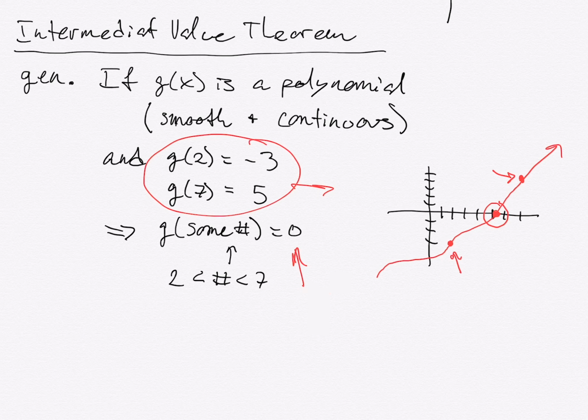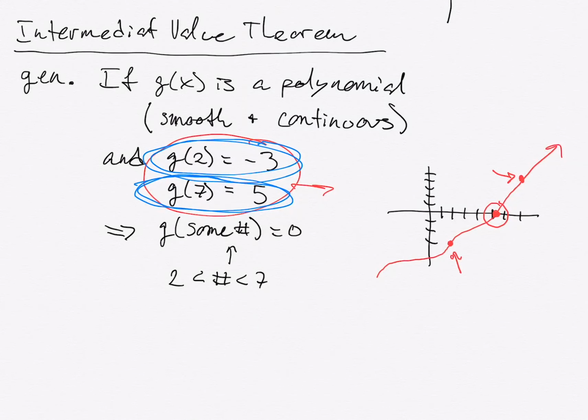If we're starting out at a point that's below the x-axis and we're progressing to a point that's above the x-axis, then at some point we must have crossed the x-axis. And at a point where we're crossing the x-axis, we have a y value of 0. All right, that's a lot of scribble on there. Let's get rid of all that.